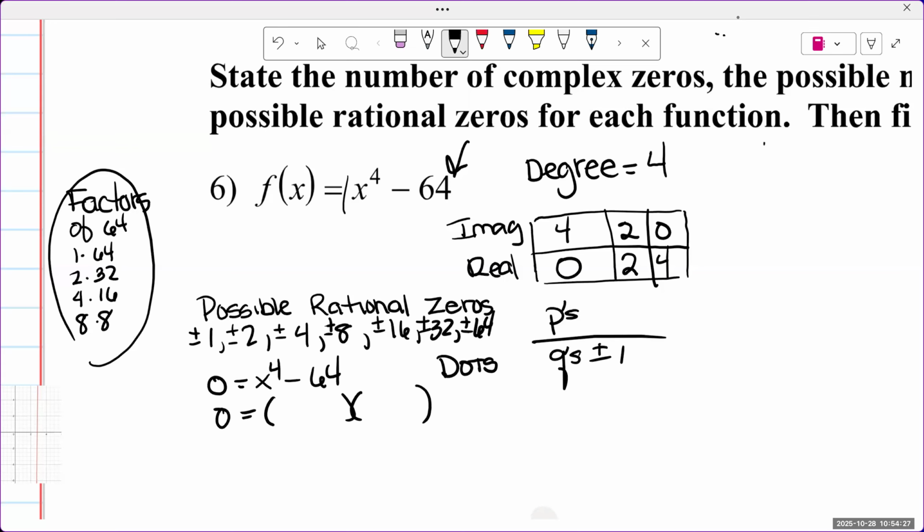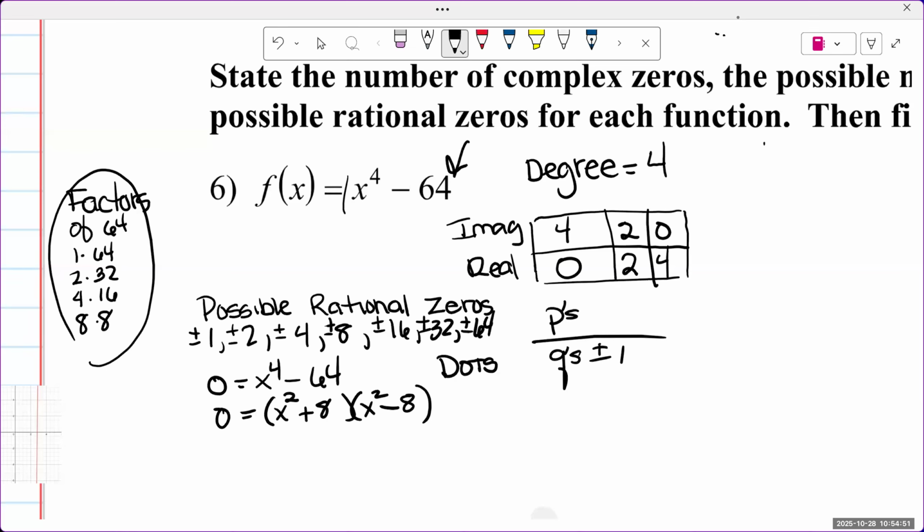Is x to the fourth a perfect square? Yes, it is. x squared and x squared, 1 plus 1 minus. See how important it is to know these common factoring techniques. 64 is +8 and -8.